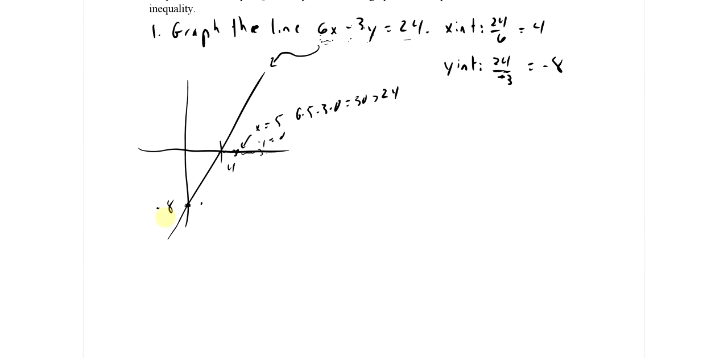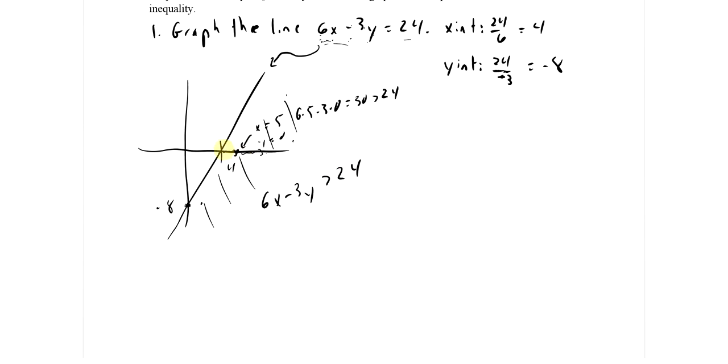So if you leave this line and head to the right, the points out here, when you plug them into this equation, you get things bigger than 24. So this side has 6x minus 3y bigger than 24. What about this side?